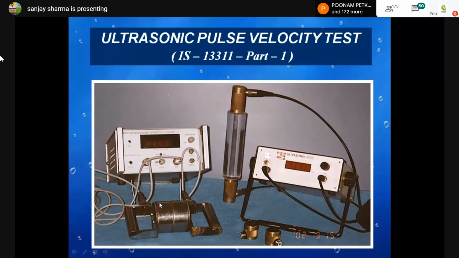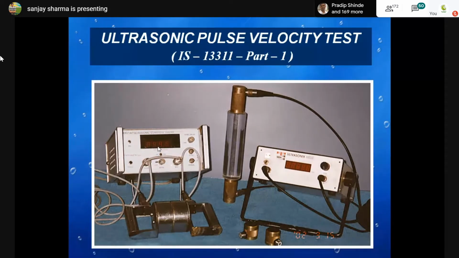As I said, it is based on sending waves. One probe sends the waves into the concrete, and the other probe receives the wave. One is called the transmitter and the other the receiver. Here we note down the velocity, the time taken by the wave to travel a particular distance.